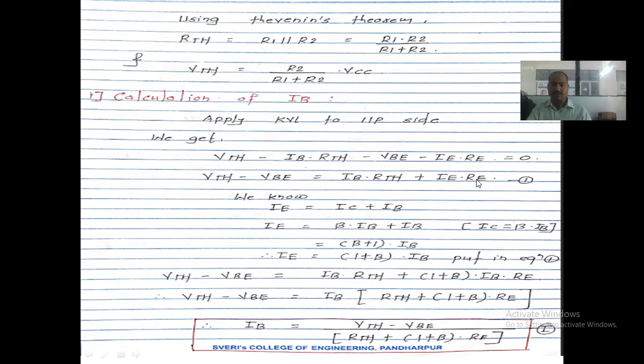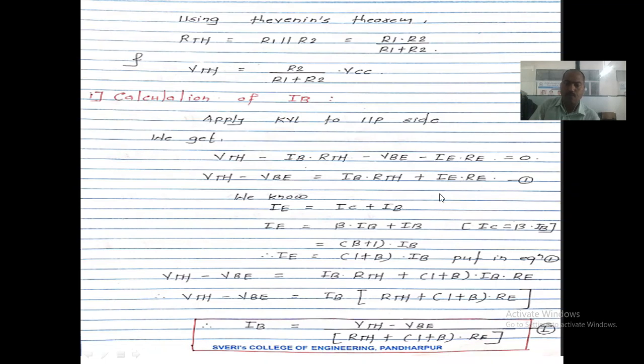This is equation number 1. We separate VTH and VBE on one side, and IB into RTH and I into RE on the other side.